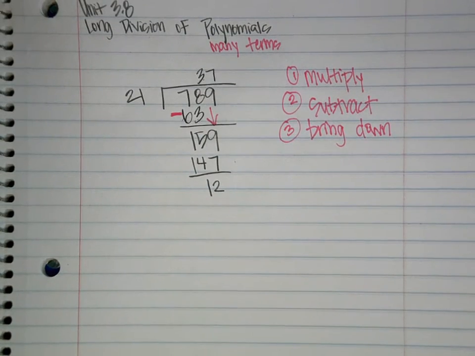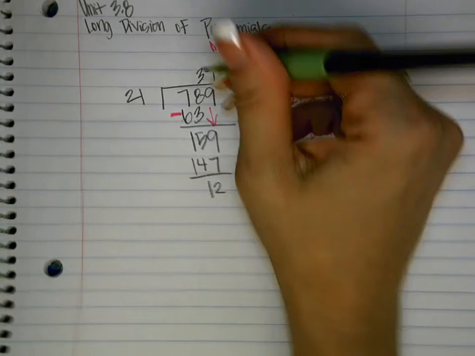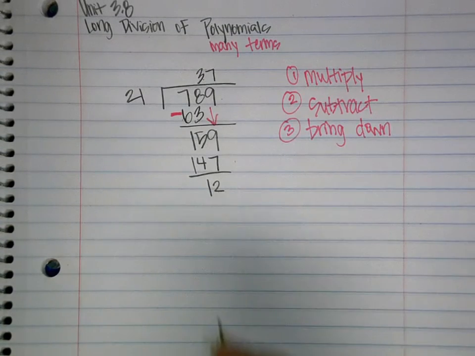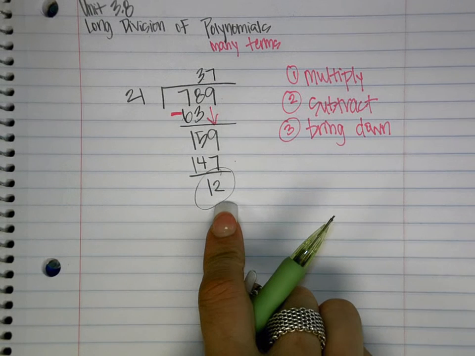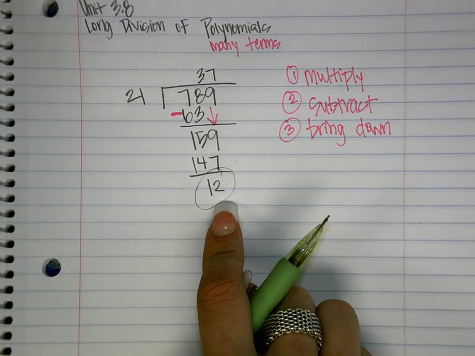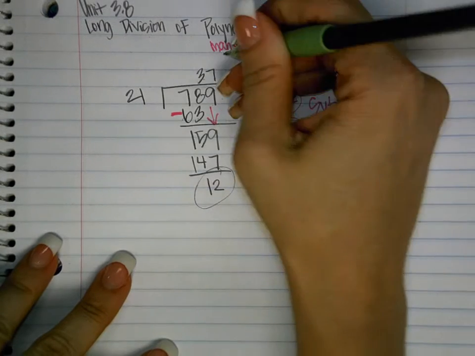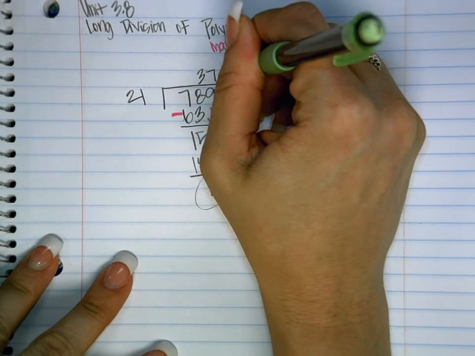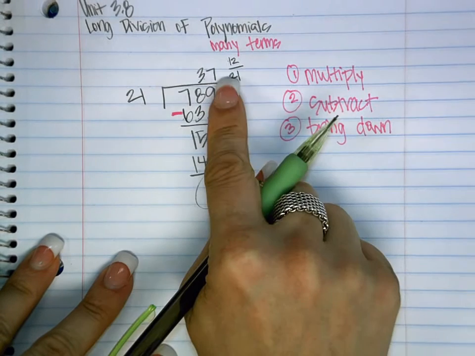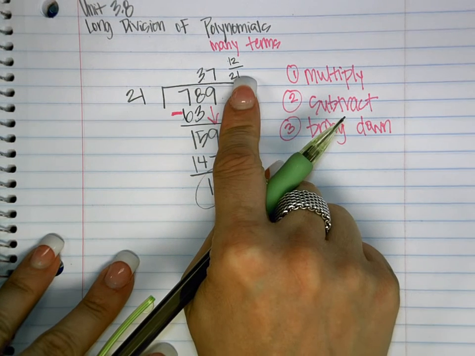Now, good news is we're not going to have to deal with decimals. So you don't need to put the 0.0 and keep going. But what is this? What's that called? That's a remainder. Okay, now, we're also not going to write R on the side. We used to write R and then the remainder. You're actually going to write this remainder. So it would be 12 over 21. How is the 37 attached to that fraction?